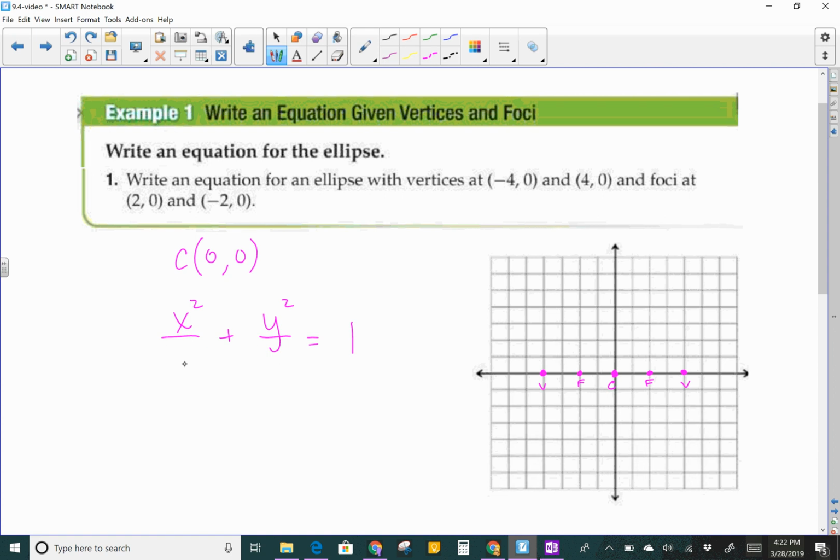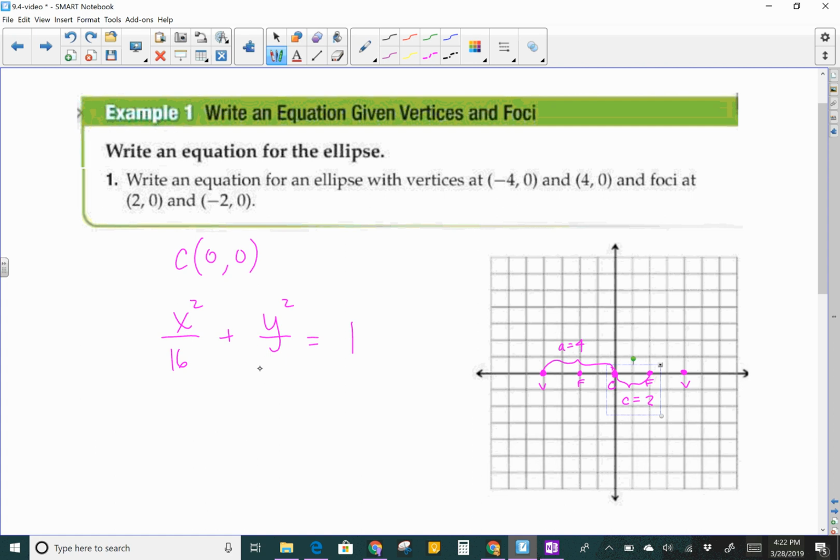Now, what goes under the x is how far did I move to get to the vertex in the x direction. And that, of course, is 4 units. And so what goes underneath the x is 4 squared. I know that that's of course equal to a, which is important to know because center to the vertex is a, center to the focus is c, so c is 2.